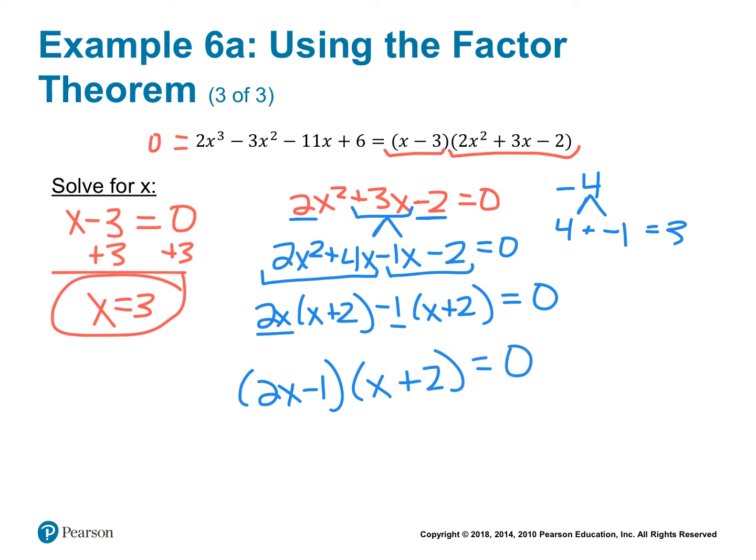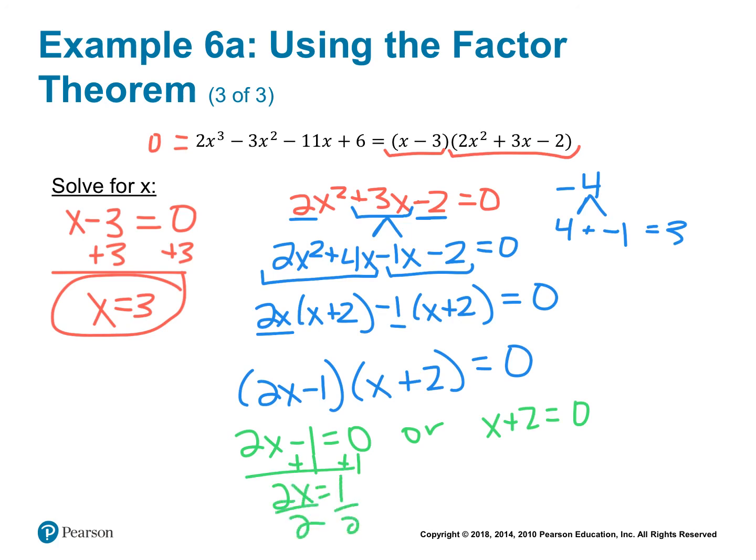So then I can go ahead and solve that. I'd have 2x minus 1 equals 0, or x plus 2 equals 0. Go ahead and finish. 2x equals 1, divided by 2, x equals 1/2. Minus 2, x equals negative 2.